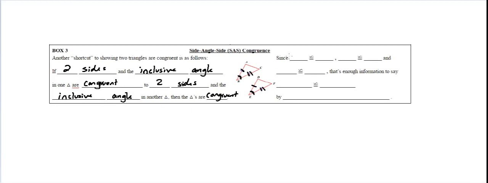So we can lay this out a little bit longer too. We can say that since AB is the same as DE, and since angle B is the same as angle E, and we can say that BC is the same as EF, that's enough to say that triangle ABC is congruent to, and again, always be careful with how you order things, triangle DEF.